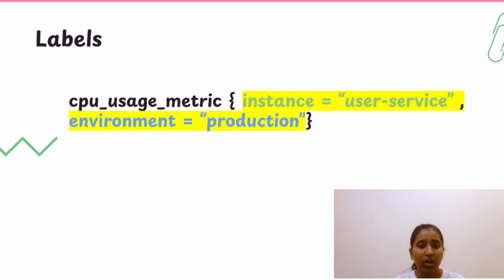That way it's not just random data, but you have clarity on what data the metric is referring to. This way you can break down and filter your metrics by these labels, making it easier to analyze specific services or specific environments.